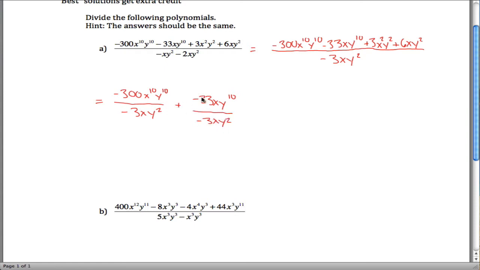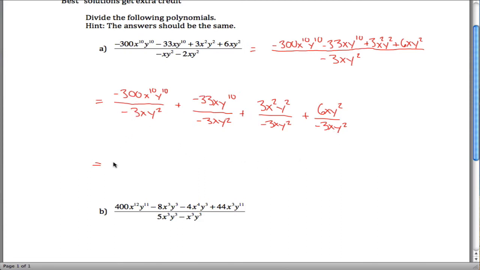I left this as plus negative because I knew my denominator was negative, so I'd cancel those out later, but you could write it differently also. Next term I got 3 x squared y squared divided by negative 3 x y squared. And then finally I got 6 x y squared divided by negative 3 x y squared. And now all I have to do is reduce each of these four terms.